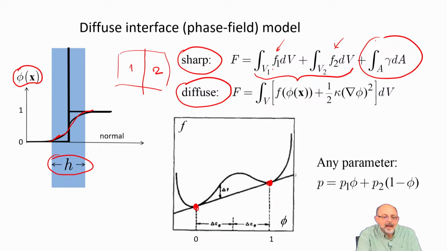And then I replace my interface energy by a term which exists only where the gradient is non-zero. Because it has to be positive, I take the square of the gradient. The gradient is a vector, right? Dotted by itself.